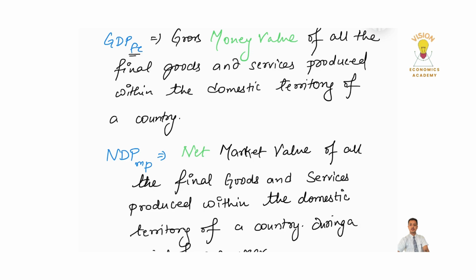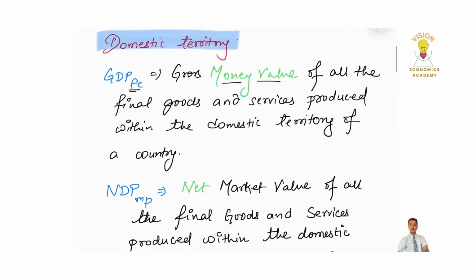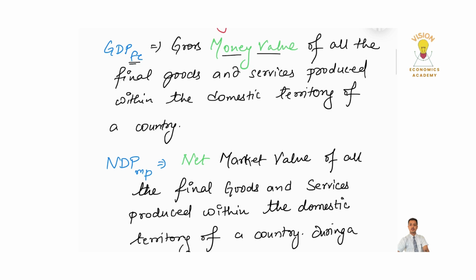Now the changes I have marked here with the green color. Now GDPFC is gross money value. See, the previous one was the market value. This one is the money value.